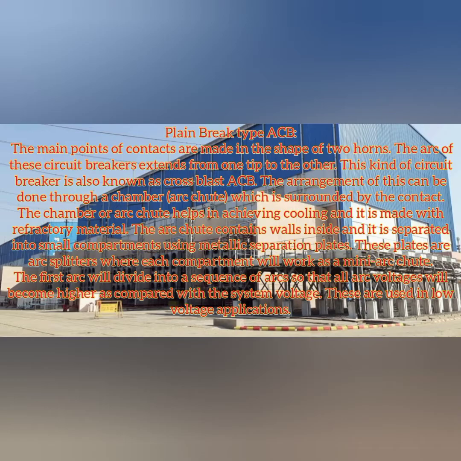Then the arc chute contains walls inside, and it is separated into small compartments using metallic separation plates. These plates are split where each compartment will work as a mini arc chute. So the arc will be divided into a sequence of arcs so that the arc voltage will become higher as compared with the system voltage. These are used in low voltage systems.